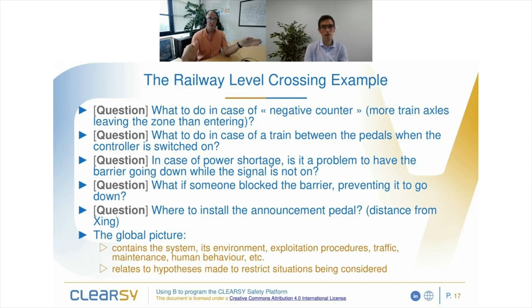And if it's too long, the drivers will lose patience and just go through and risk being hit by the train. So the global picture contains many considerations, not just an algorithm to control this barrier: system, environment, procedures, traffic, human behavior, and so on. And when you go into this kind of system, you have to make a number of hypotheses just to restrict the number of situations you need to consider.